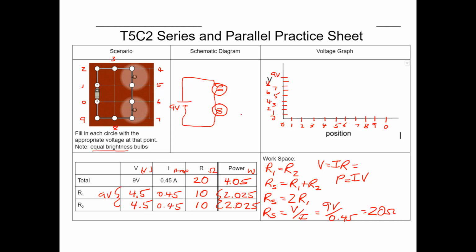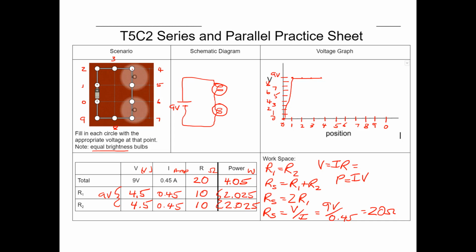Starting here, we're at 0 volts. At position 1, I went up 9 volts. So I'll go from here to here, 9 volts. And I stay at that voltage at positions 1, 2, 3, and 4. So my battery raises my voltage and stays constant across the wires.